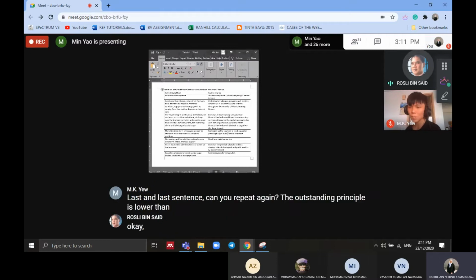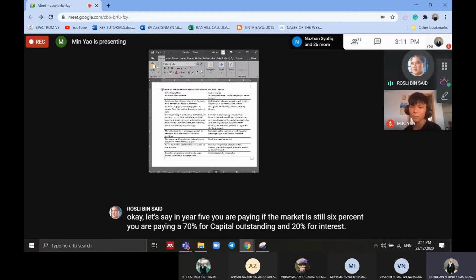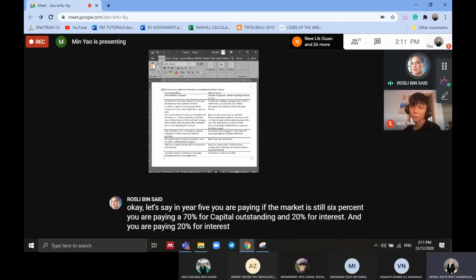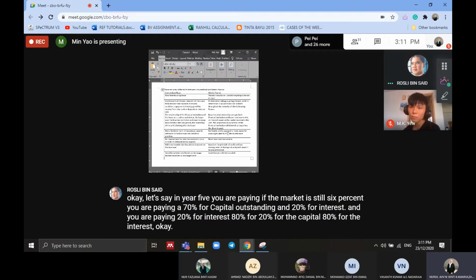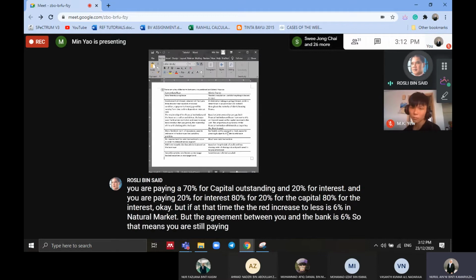Okay. Let's say in year 5, if the market is still 6%, you are paying 20% for interest and 80% for capital. But if at that time the rate in the actual market increased, while the agreement between you and the bank is 6%, you are still paying 2,000 per month.